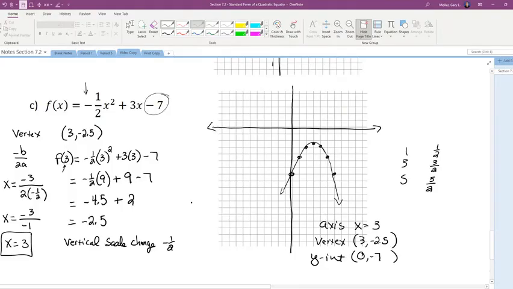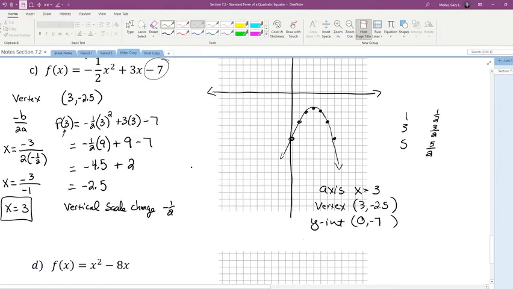And then the last thing to do, write the equation. So I have y equals my scale change, x minus 3, because we went in the positive direction, squared, and we went down 2.5. There we are in vertex form.